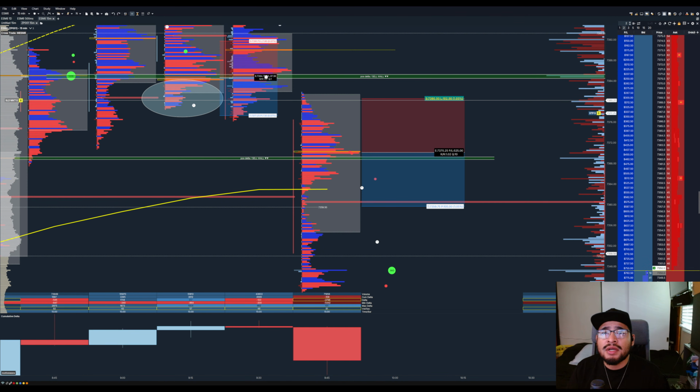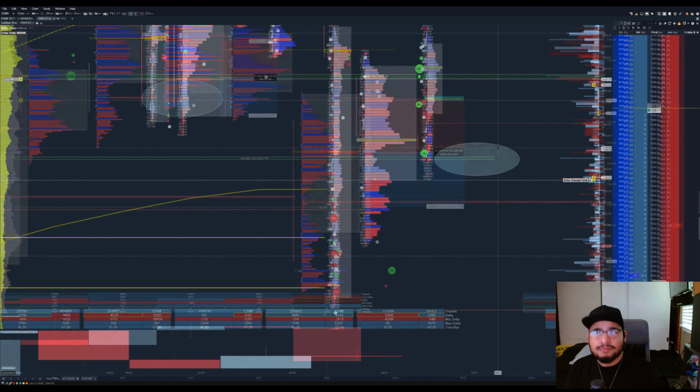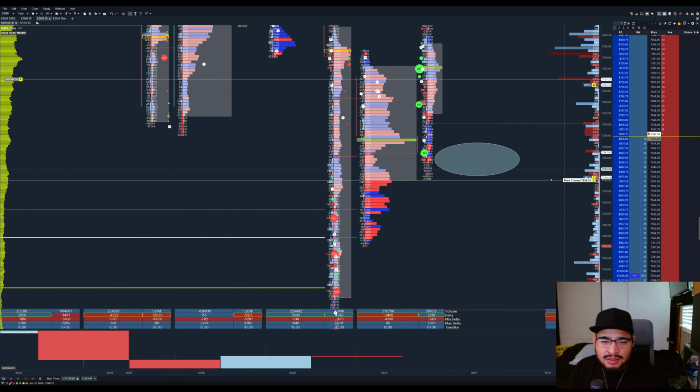Am I showing you guys the right screen? Nope. So I was basing my trade here. This is the New York low. This is the area I was looking for, some volume to develop here. Because we did go lower, I do see us retesting that.